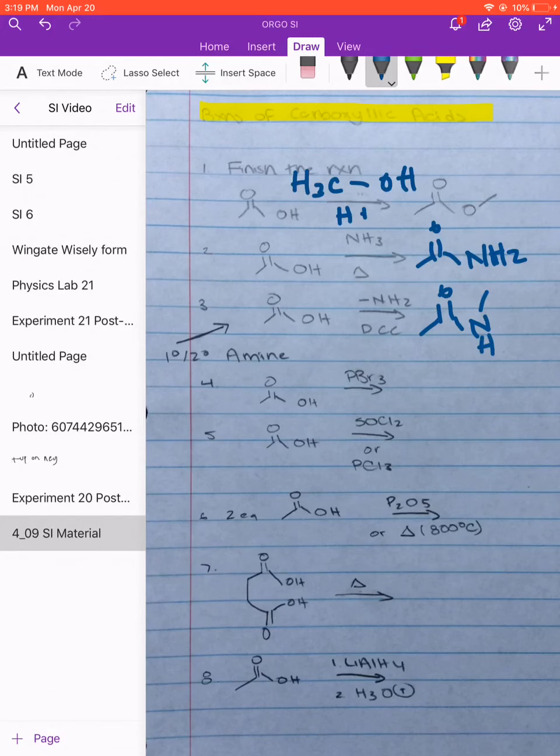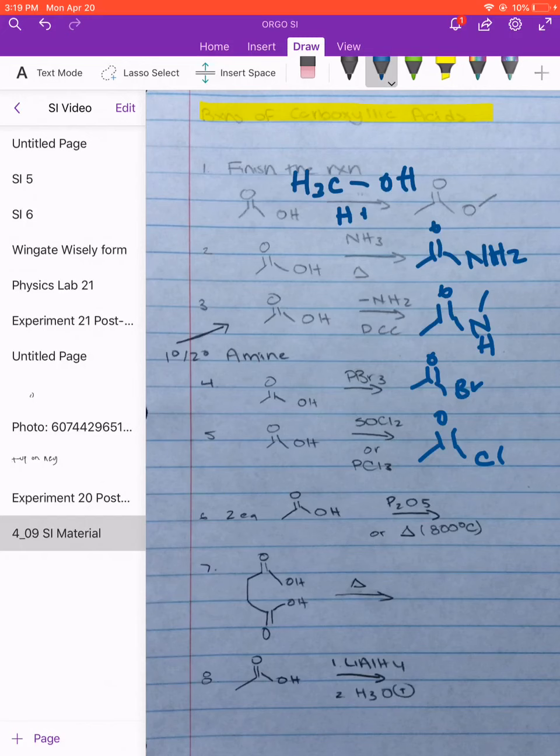Okay, so we also have the following reactions, which are directly substitution reactions. So we can use PBr3 with a carboxylic acid to form that product, or we can use SOCl2 or PCl3 to form this product. So these are strictly substitution reactions.